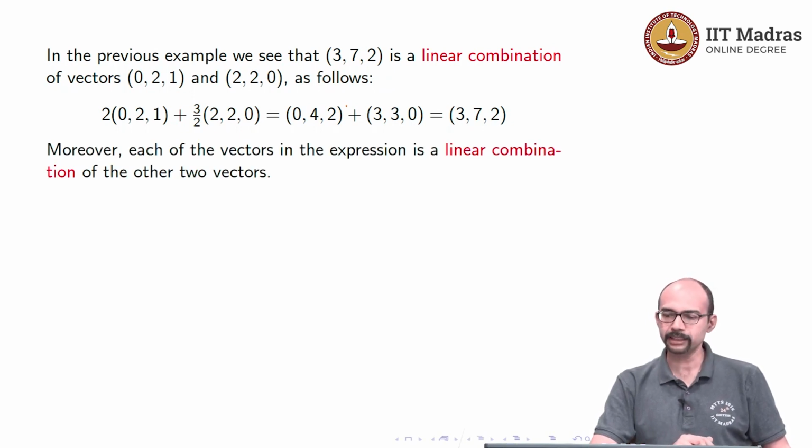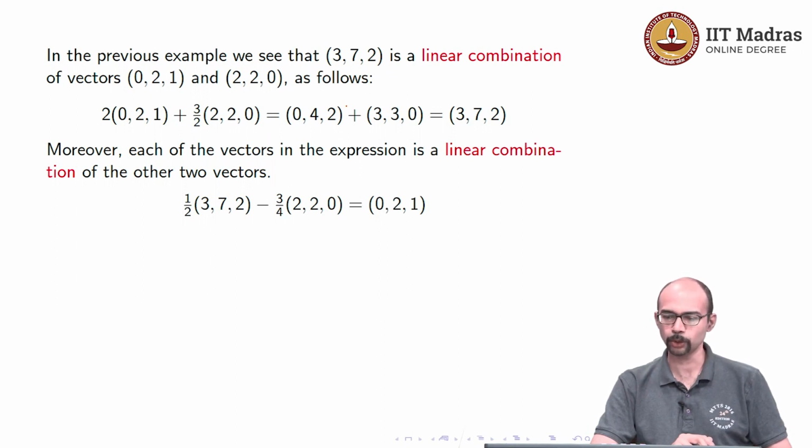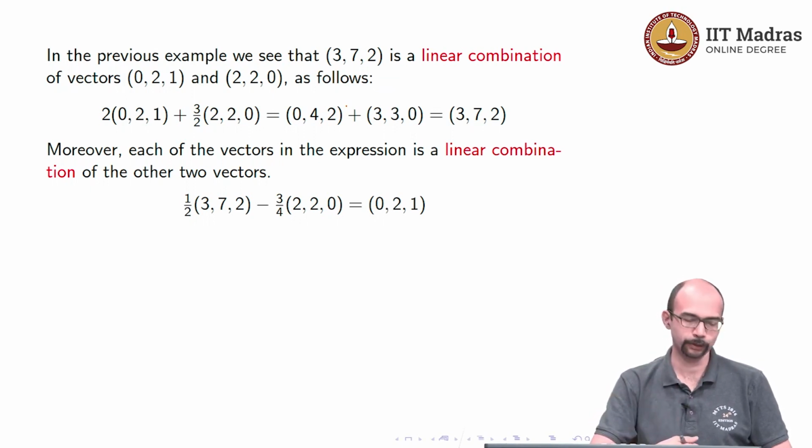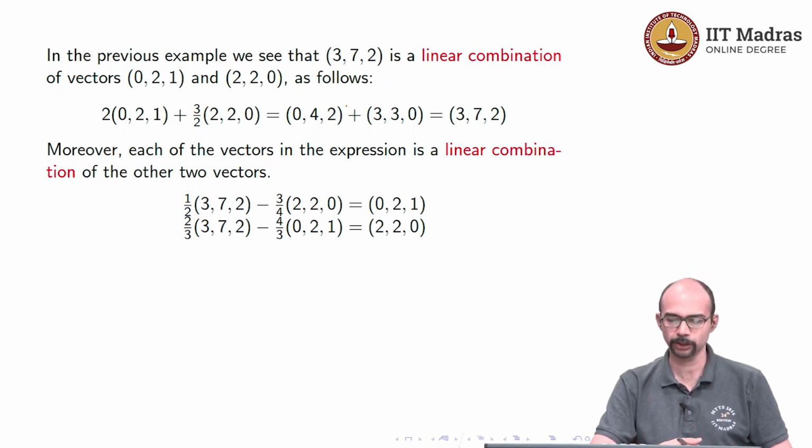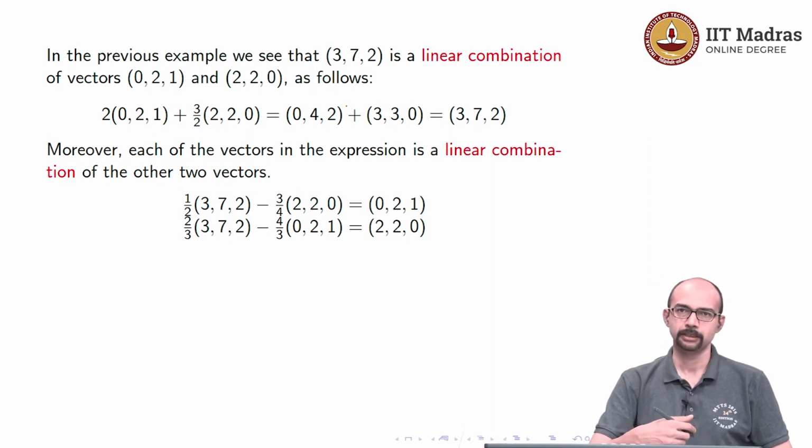Instead of writing 3, 7, 2 as a linear combination of these two, we could instead write, let's say, 0, 2, 1 as a linear combination of the other two, 3, 7, 2 and 2, 2, 0. How do we do this? Move the other term onto the right side and then divide by the corresponding coefficient. Or you could write 2, 2, 0 as a linear combination of 3, 7, 2 and 0, 2, 1. Again same idea. So I'll suggest you check this.